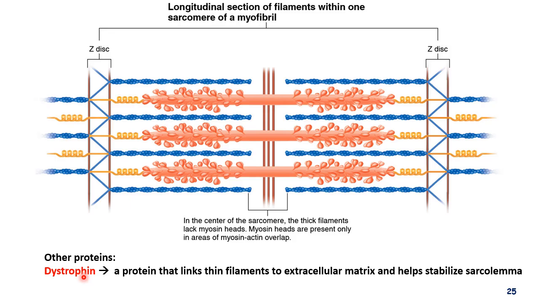That is not shown here, but that's going to be your dystrophin. It is going to be right there. Okay, I put dystrophin here. It's going to stabilize your extracellular matrix with the sarcolemma. That is your membrane, and then it's going to be connected with your endomysium.